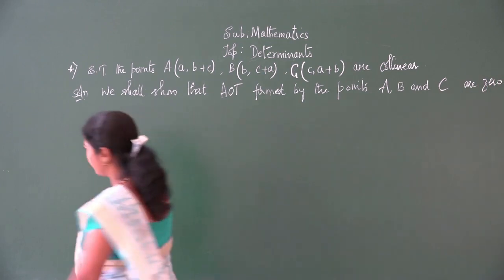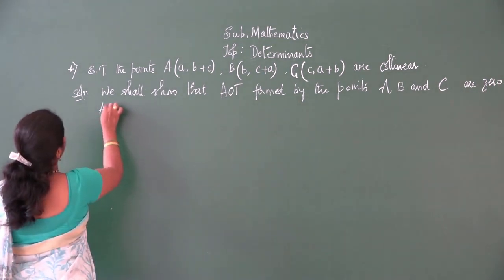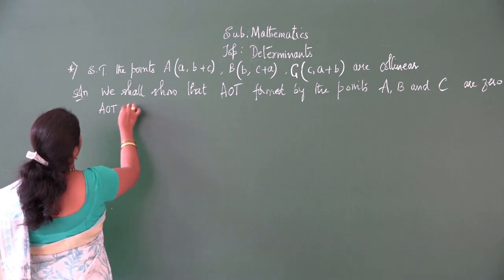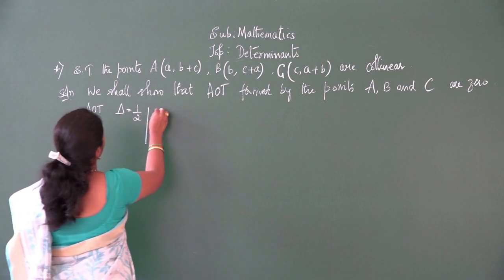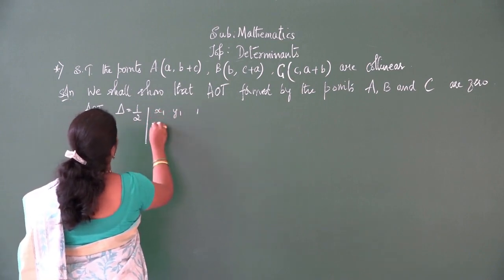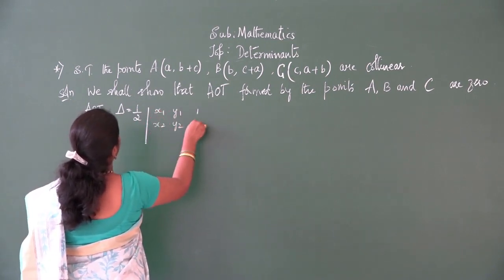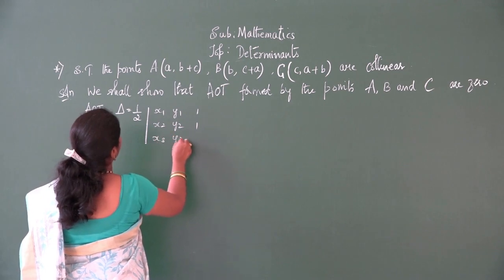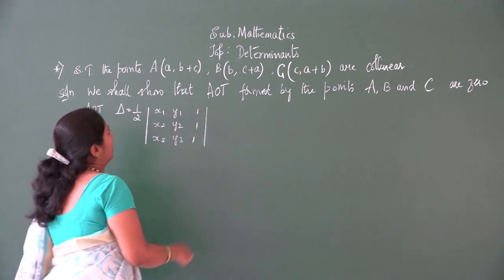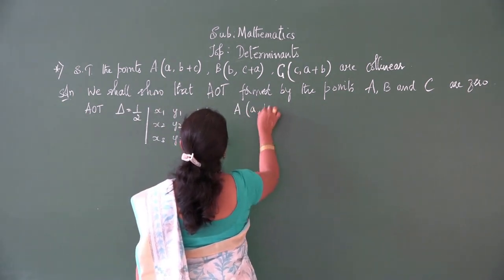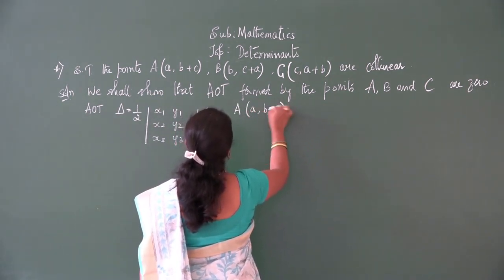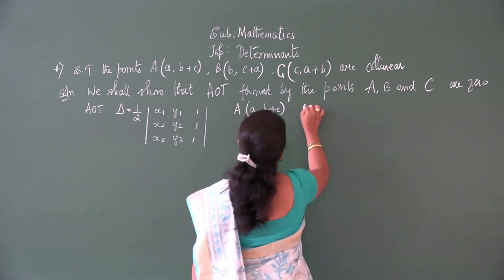So what is area of a triangle given by? Area of a triangle is given by delta is equal to half into determinant of x1, y1, 1, x2, y2, 1, x3, y3, 1. So what is the coordinates of A given in the question? A comma B plus C. Similarly, what are the coordinates of B?